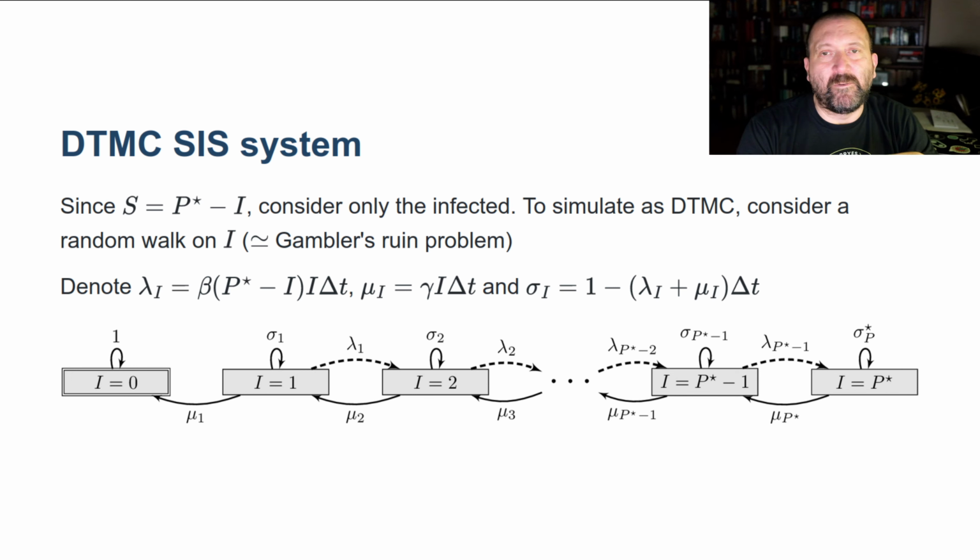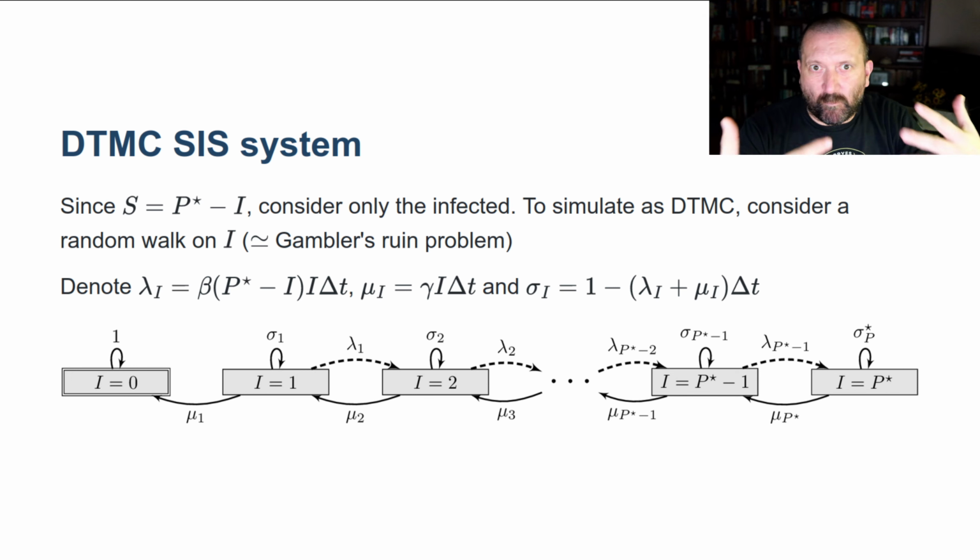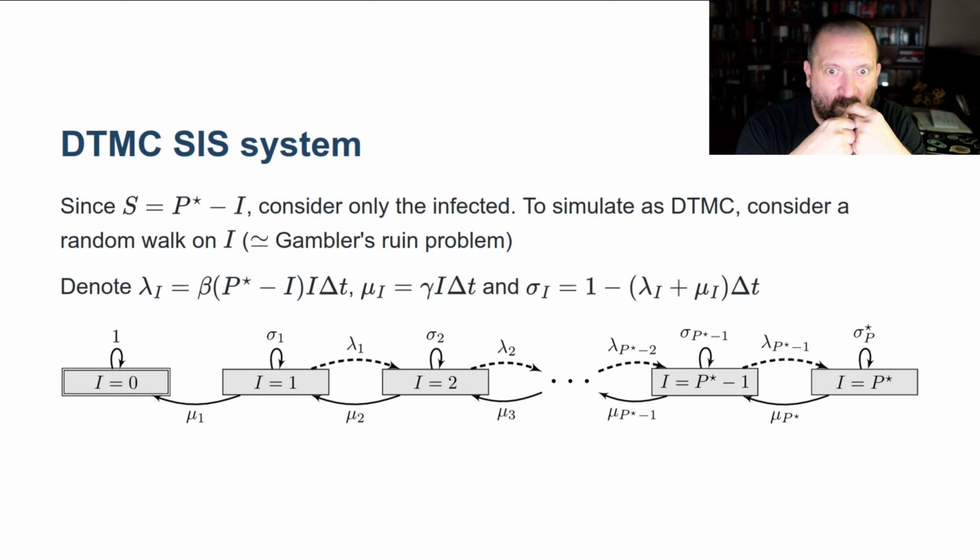We assume that the total population is constant, and therefore we can just consider the I's, and we look at the probability of moving right, which is given by beta S I delta t, the probability of recovering, which is gamma times I delta t, and the probability of nothing happening, which is simply the complement of these two probabilities.